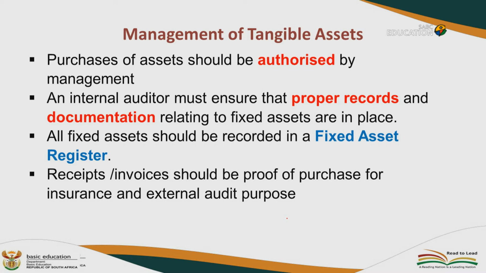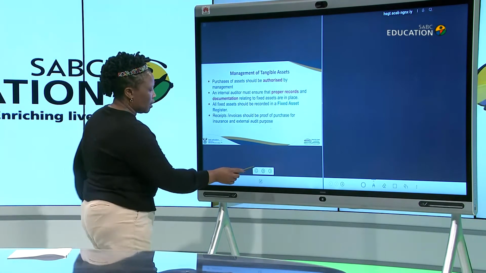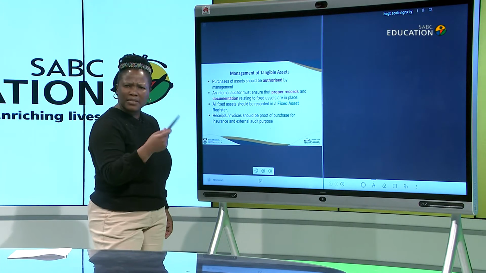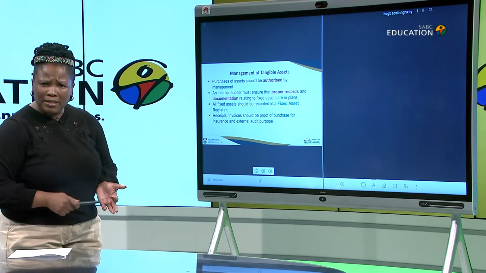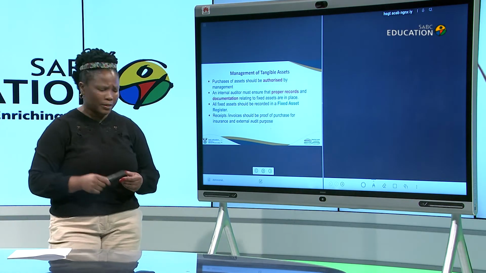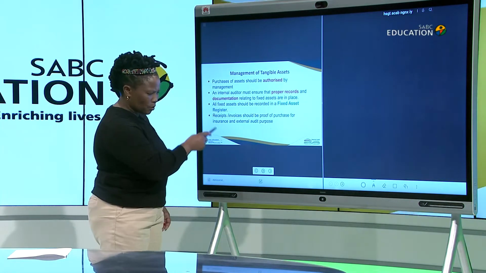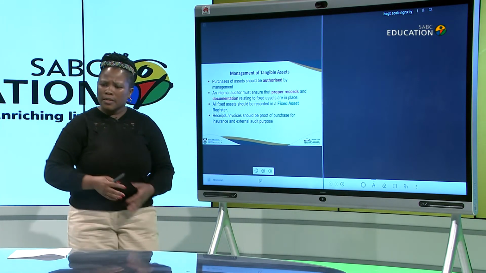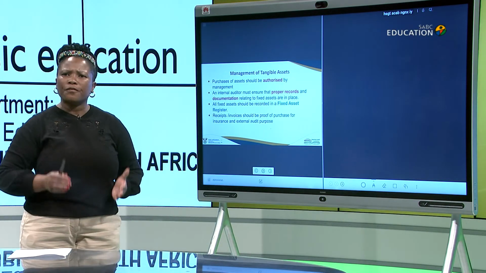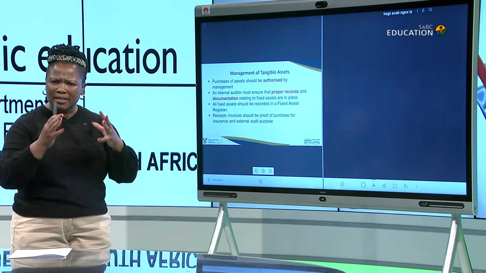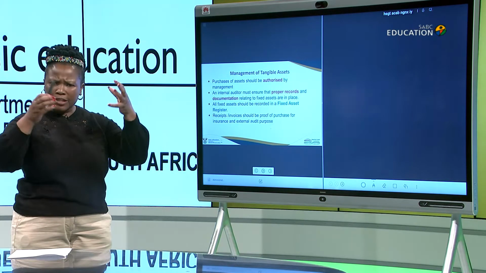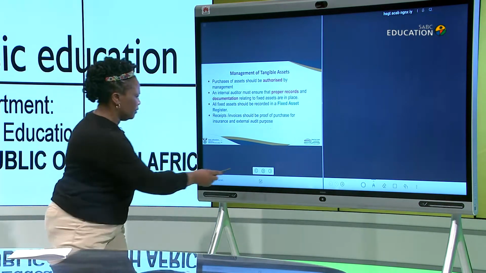And the receipts, we have also spoken to the receipts that are going to be verified by the external auditor. And also the other parties that are interested in the invoices are the people who are selling the insurance products. They will be interested also in the invoices because really they want to know if they are really insuring something that is there in the business that is proof of payment.